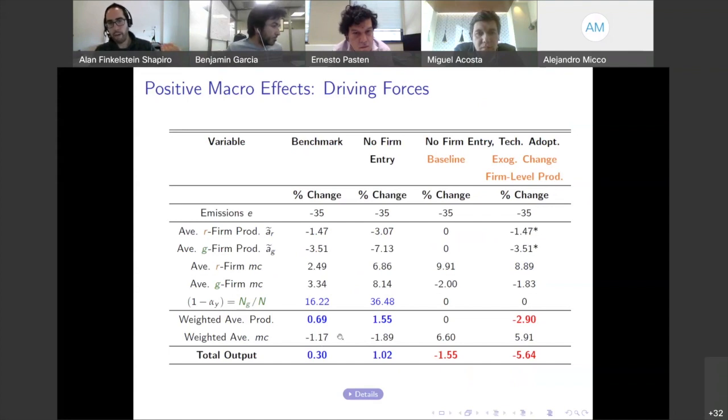This becomes more apparent when you think about not allowing firms to enter or exit. You simply have the technology adoption margin where the gain in productivity is larger and the reduction in marginal cost is greater. And that explains again the changes in output that I showed you earlier in the steady state. When you think about a world that doesn't have firm entry or technology adoption, the productivity composition is not present, right?